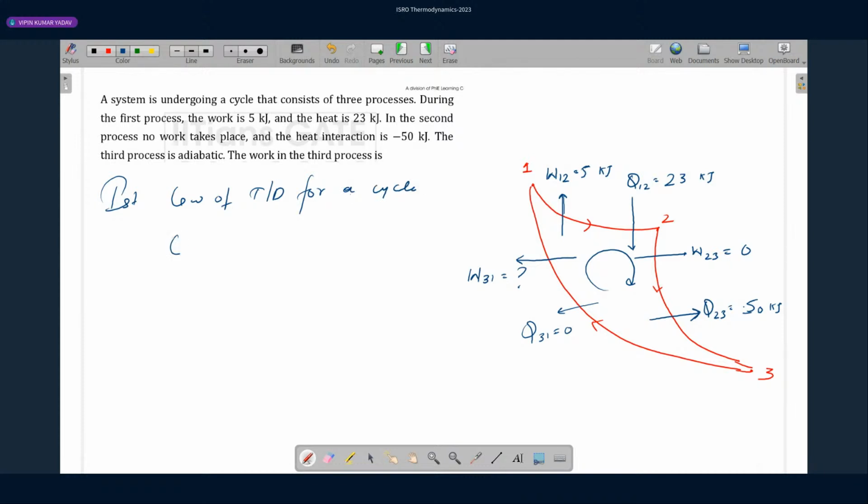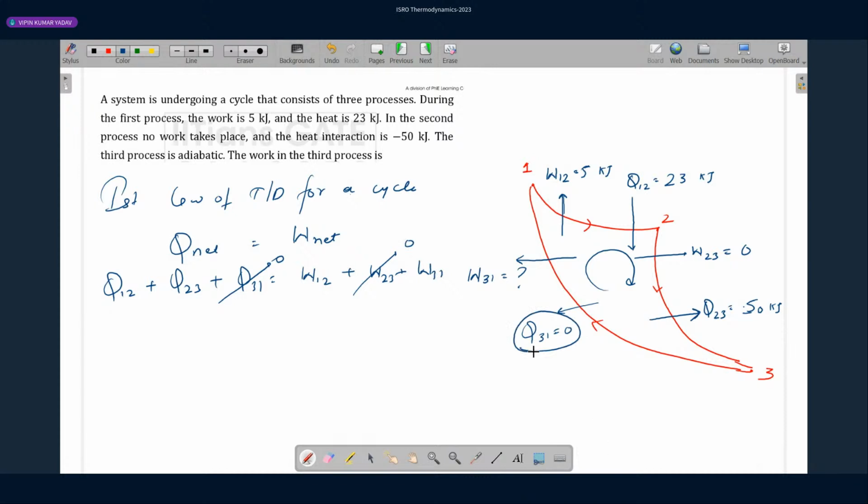It is Q net is equal to W net. Just now in this session only we have talked about this. Okay. So Q1 to 2 plus Q2 to 3 plus Q3 to 1 is equal to W1 to 2 plus W2 to 3 plus W3 to 1. Now you see this is 0, and this is also 0 because this is given adiabatic and this is given 0.